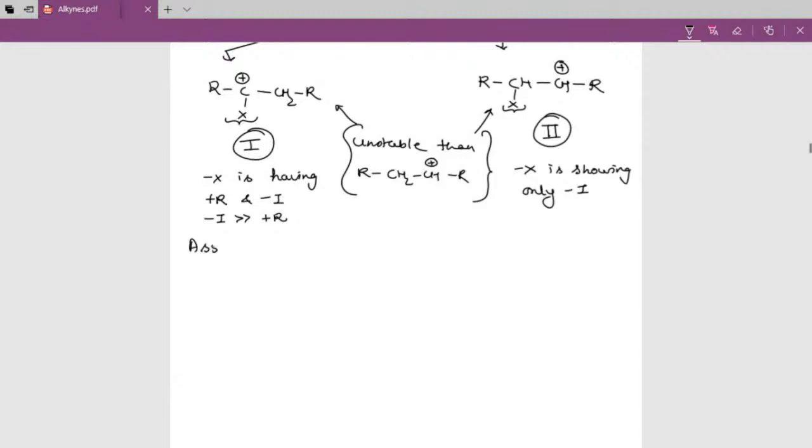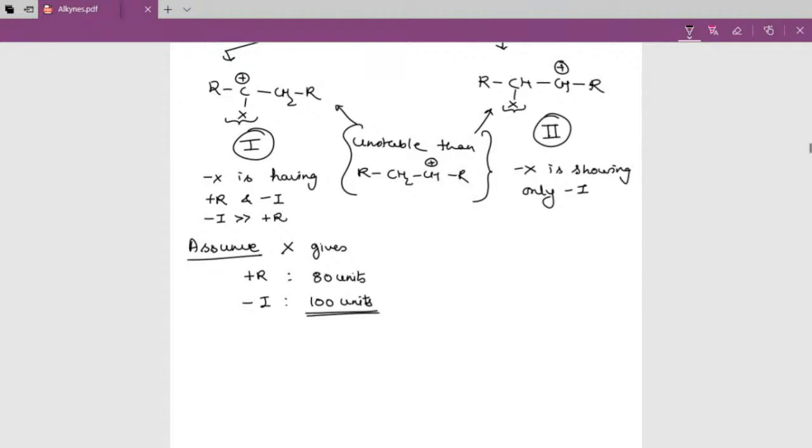Assume, just assume that halogen gives electrons or decreases the plus polarity on this carbocation by plus R. As it is poorer, assume it gives by say 80 units. And yes, it is closer, so its minus I is pulling electrons by say 100 units. See, minus I is dominating.